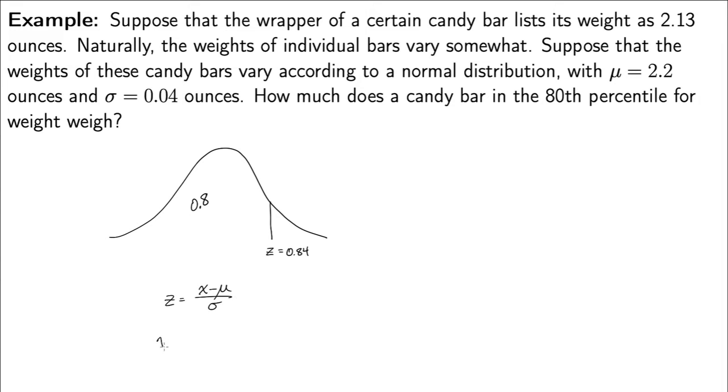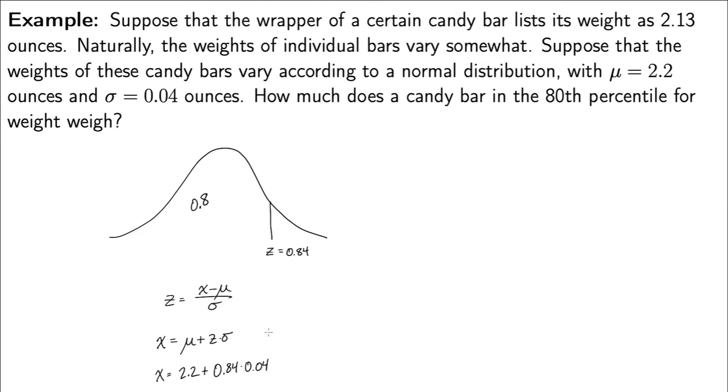You may want to use the formula x equals mu plus z times sigma. Anytime you're solving for x, which is what we're going to be doing anytime we have percentiles and we're trying to find the data value, we can use this formula. So x equals mu, which is the mean, 2.2, plus the z-score I found, which is 0.84, times sigma, which was 0.04.